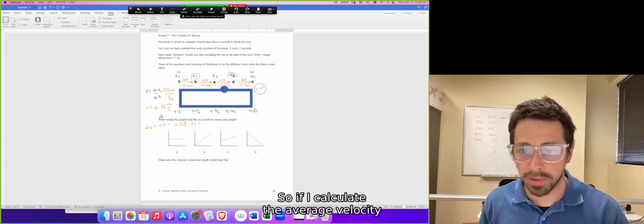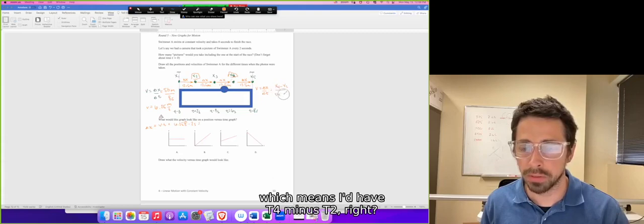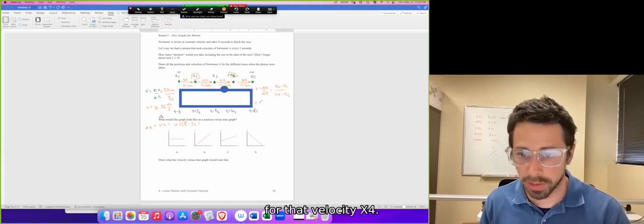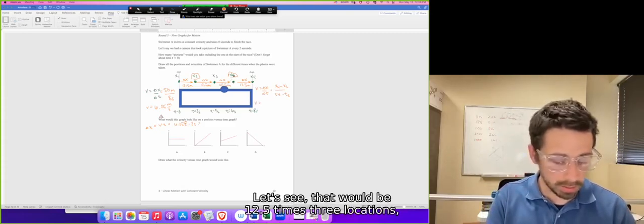So if I calculate the average velocity, which is delta x over delta t, I can calculate that between x4 and x2, which means I'd have t4 minus t2, right? So I have all my locations I would need for that. Velocity, x4, that would be 12.5 times 3.